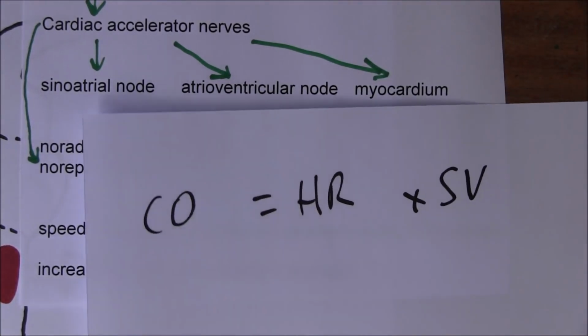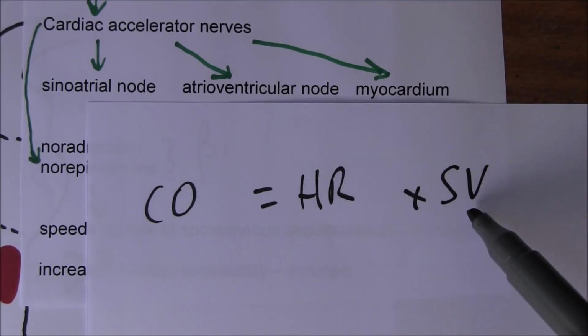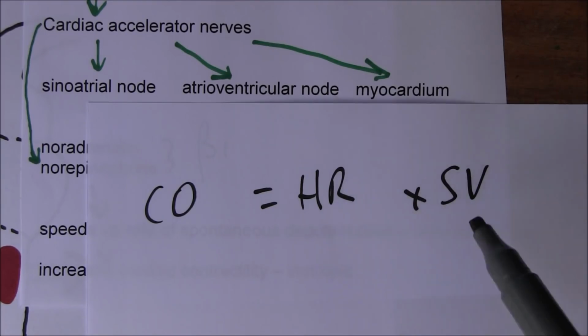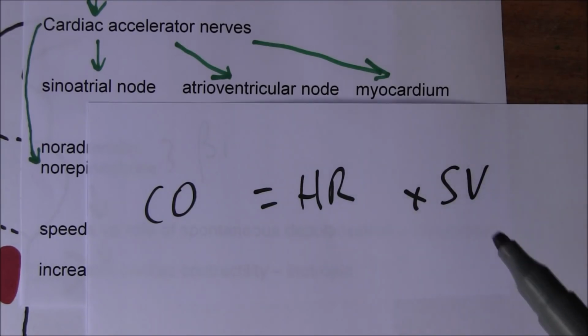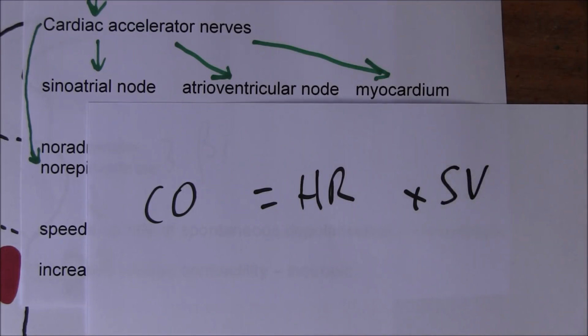So if your heart rate drops, you can compensate by increasing your stroke volume. So this is the chronotropic effect, this is the inotropic effect. But children are very bad at increasing their stroke volume. They don't have a significant inotropic effect.